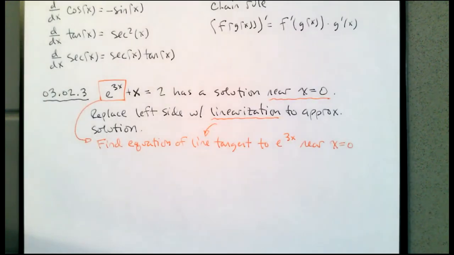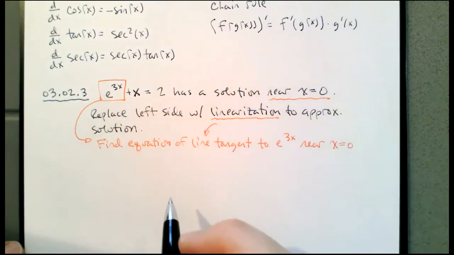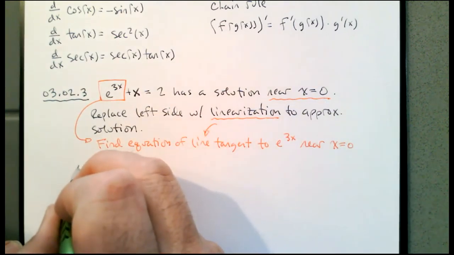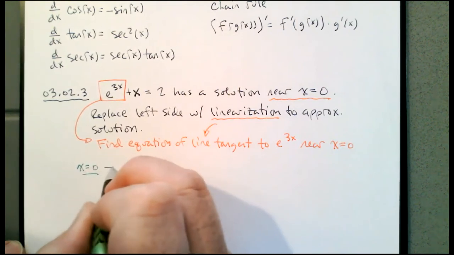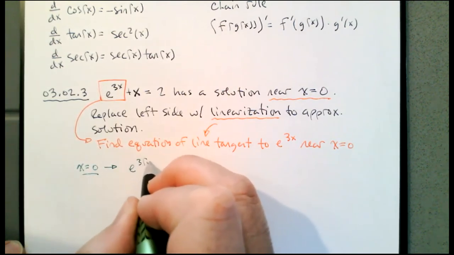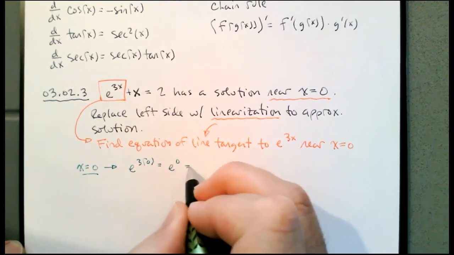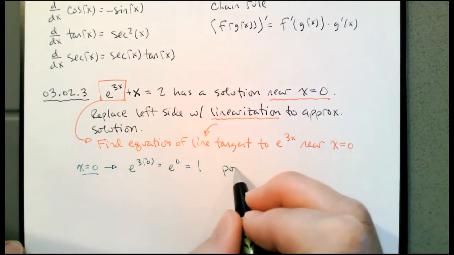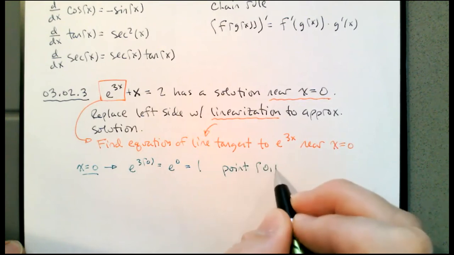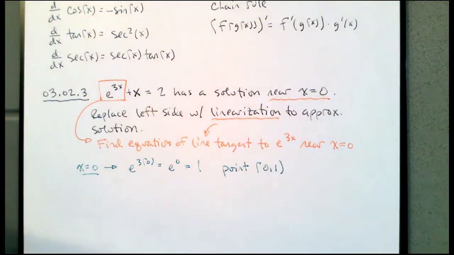So to find the equation of a line, we need a point and a slope. For the point, I'll just plug 0 into e to the 3x. So the point we're going to use is (0, 1). When x is 0, e to the 3x is equal to 1. So the point that we're going to have is (0, 1).